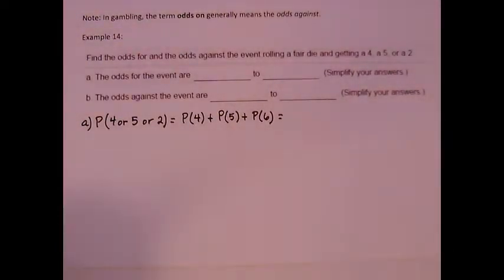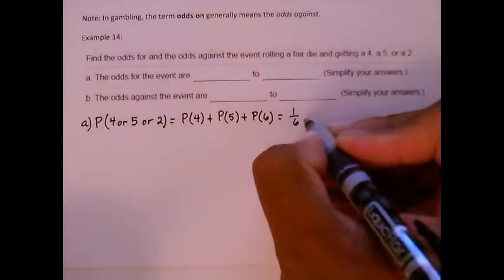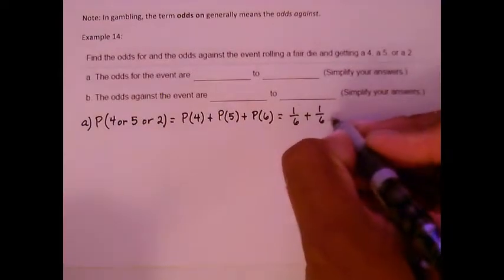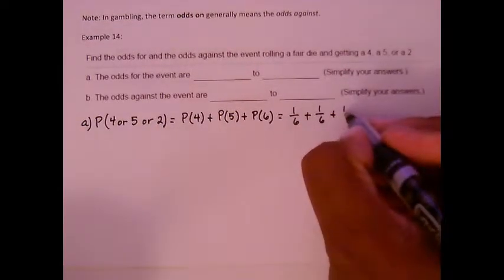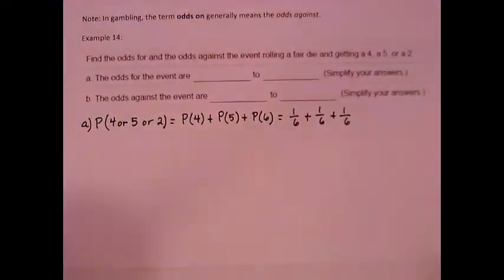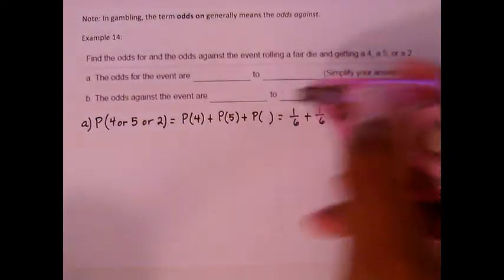Now, to get a 4, if you're rolling a single fair die, there's only one way to get a 4, so that probability of a 4 is 1/6. The probability of getting a 5, also 1/6. The probability of getting a 6, also 1/6. And I need to make a correction here. This should be a probability of getting a 2.